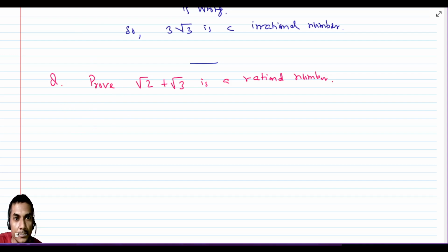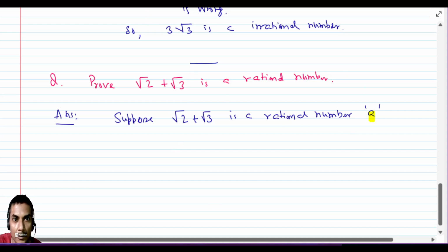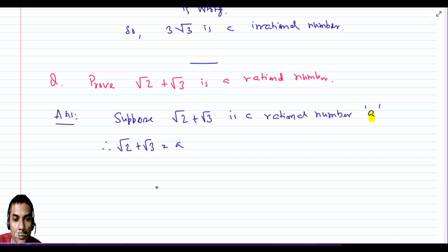So what will be the answer? Suppose root 2 plus root 3 is a rational number, a. Assume it is a. Root 2 plus root 3 is equal to a.